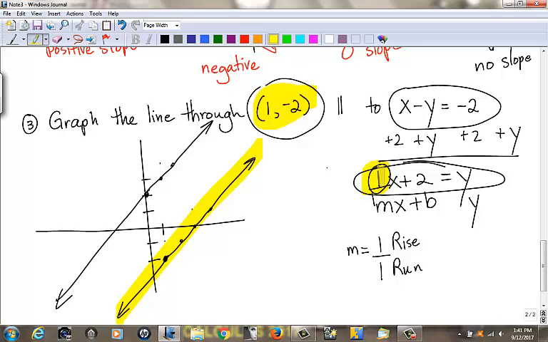Okay? If they're perpendicular, what about the slopes of perpendicular lines? Their slopes multiply together to give you -1. One's got to be positive and one's got to be negative. So like if I said the slope of one line was -3/4, the other one would be +4/3, right?